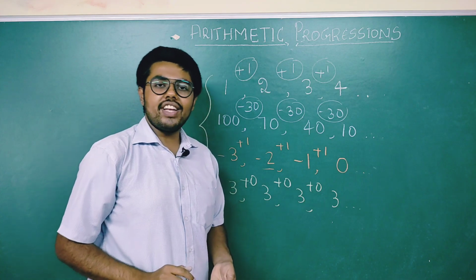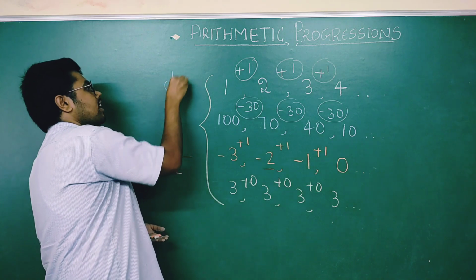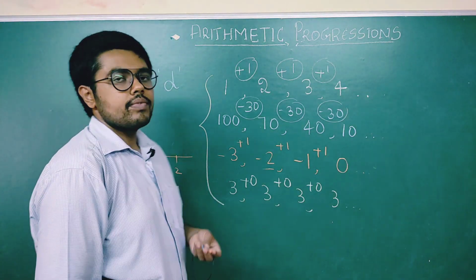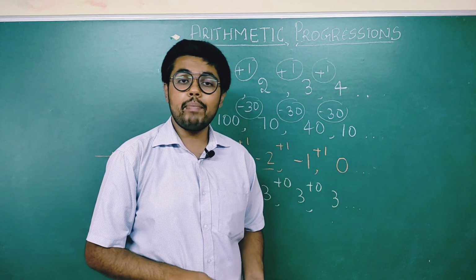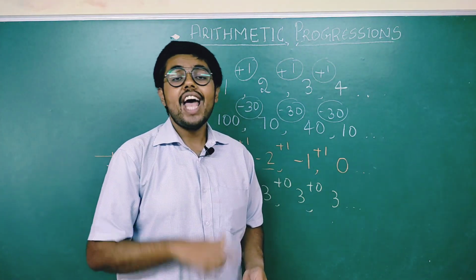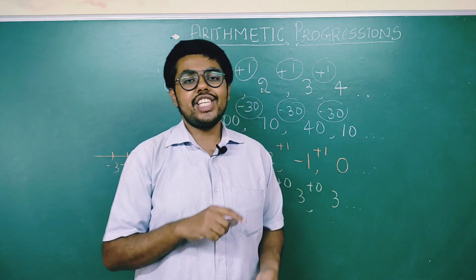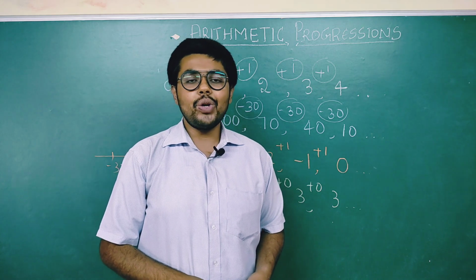And that common difference, we denote it as D in AP. Did you understand this? What is AP? AP is a series of numbers which has the same common difference, and the common difference can be either positive, negative, or 0. This is the thing that you need to know.